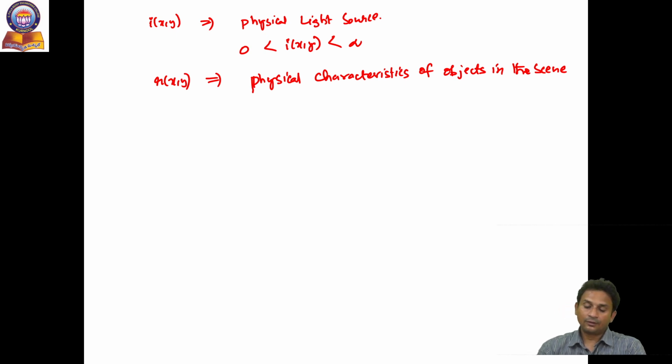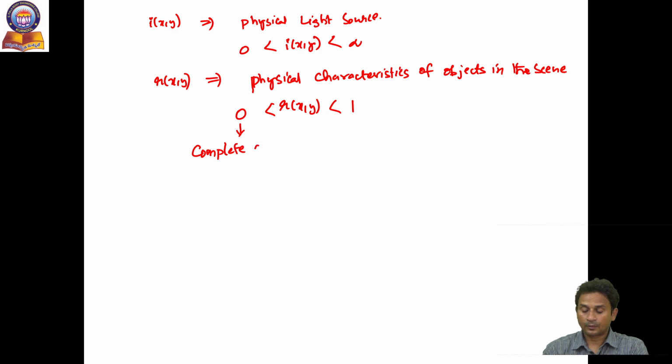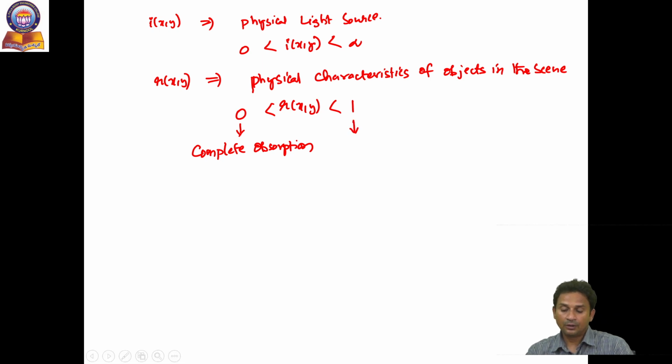So the reflectance values R of xy will lie between 0 and 1: 0% to 100%. 0 represents complete absorption, whereas a reflectance value of 1 or 100% represents complete reflection.